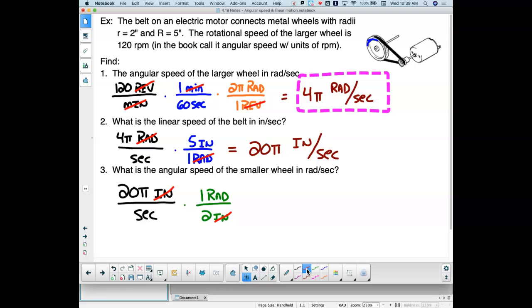So now I'm in radians per second. And that then would become, what's that, 10 pi radians per second?